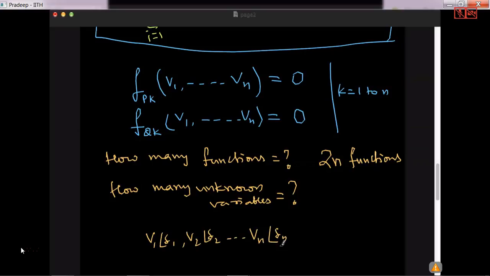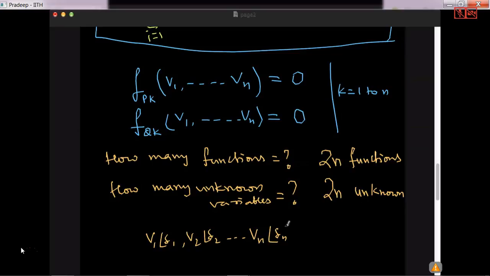So these are all unknowns. If you look at it in polar form, two unknowns are there for each bus. So there will be 2n unknowns. So we have 2n functions and 2n unknowns. They are all interrelated. Therefore, we will be able to solve it using the Newton-Raphson load flow method.